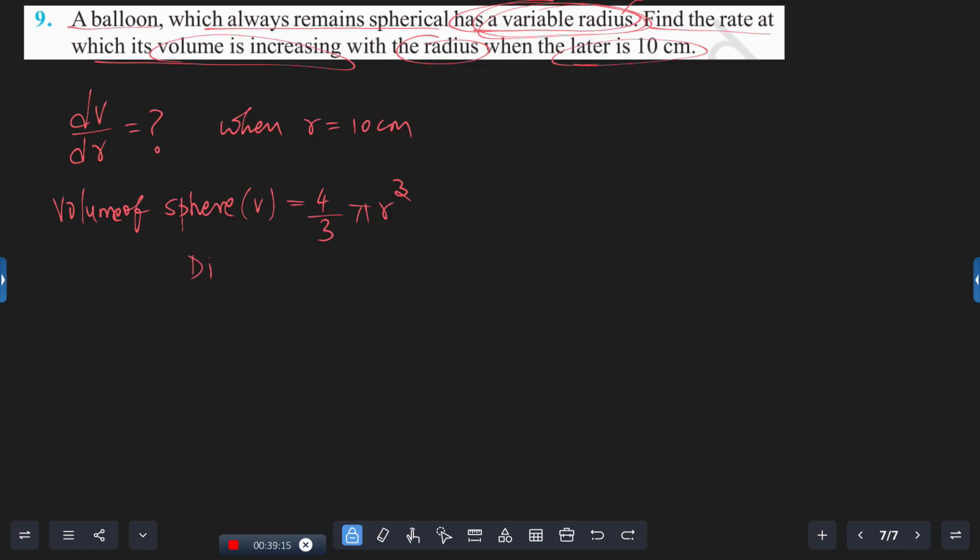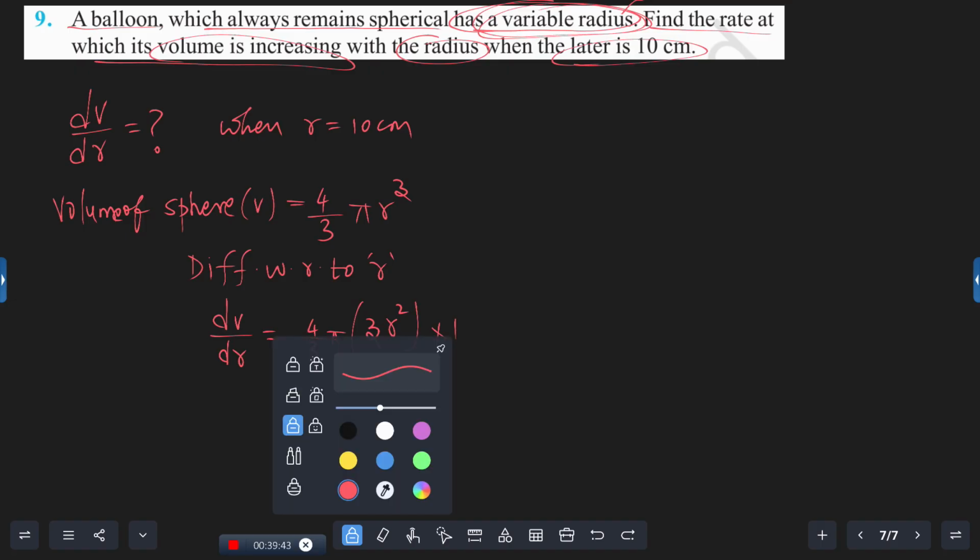So differentiate with respect to radius. When you differentiate, dV divided by dr is equal to 4 by 3 pi, constant, r cube. When you differentiate, 3r square. When you differentiate r with respect to r, you will be getting 1. Other variables, you will be getting dr by something. Here it will be 1.